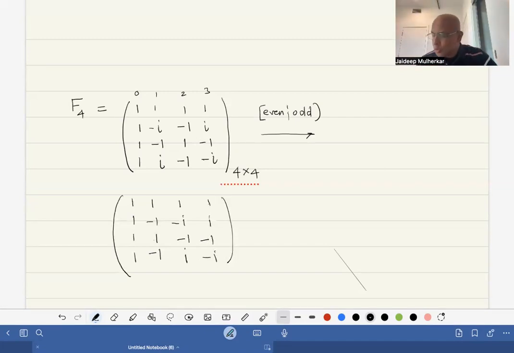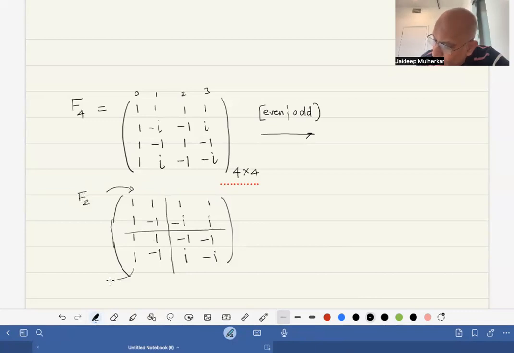Okay. So once we have done that, observe that there are some symmetries over here. So if I divide this 4 cross 4 matrix into sub-matrices of blocks 2 cross 2, right, what do we get? We notice this is just the two-dimensional Fourier transform. So this is F2. This as well is F2.